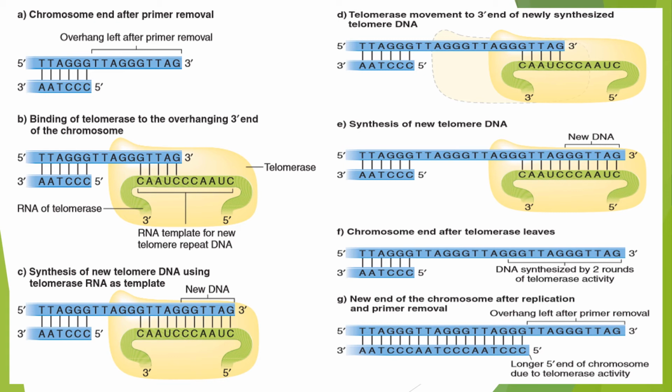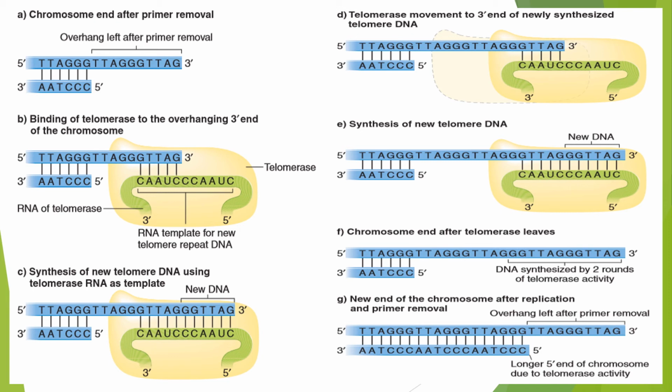Understood? It will do this until some 100 to 150 new bases are added. Our actual end was TTAGGG up to this, and all of these ends are newly synthesized, right? Once it completes this, the telomerase will leave this site, and after that a new primer will be made.